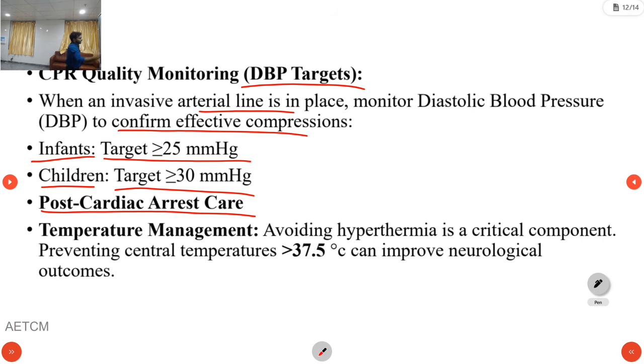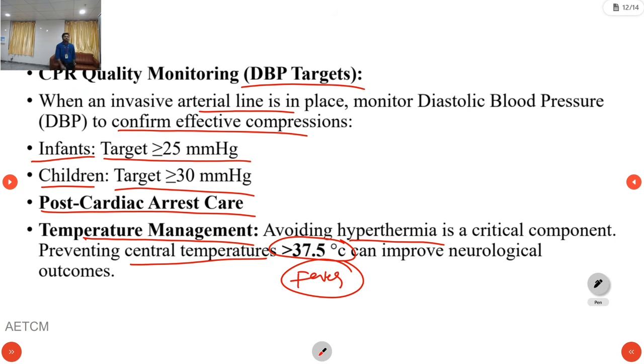Then post cardiac arrest care. Here also, especially in the pediatric age group, avoid hyperthermia, fever. Preventing a central temperature of greater than 37.5 degrees Celsius can improve neurological outcomes.